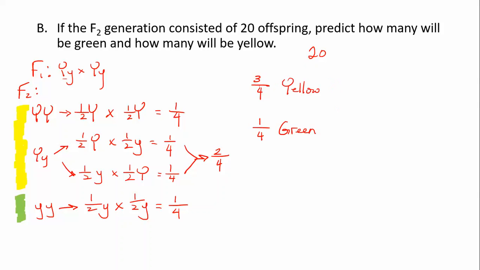So what are we expecting? Well, we're expecting 3/4 of 20, or 15 offspring to have a yellow phenotype, and we're expecting 1/4 of 20, or 5 of the offspring to have the green phenotype. So this is giving us our expected values.